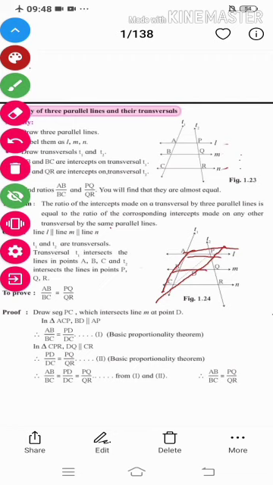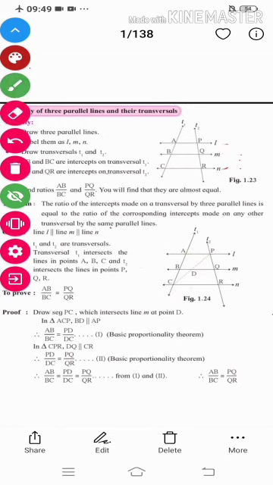So according to the basic proportionality theorem, AB upon BC is equal to PD upon DC.